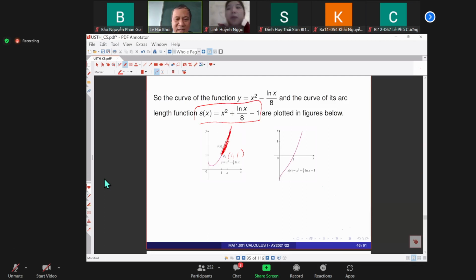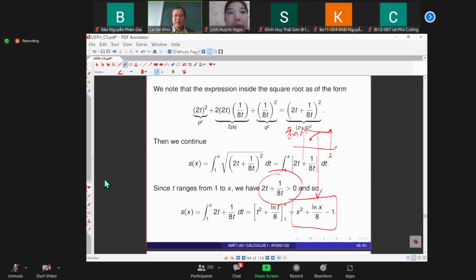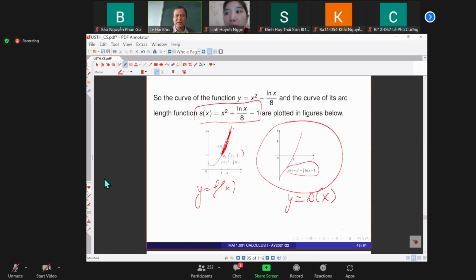And here, when you represent the length in this plane, this plane is for y equal to f(x), but here the plane is y equal to S(x), then you can have S like that, x squared over 2 plus logarithm of x over 8, and then minus 1, and that here is the curve of the arc length function.